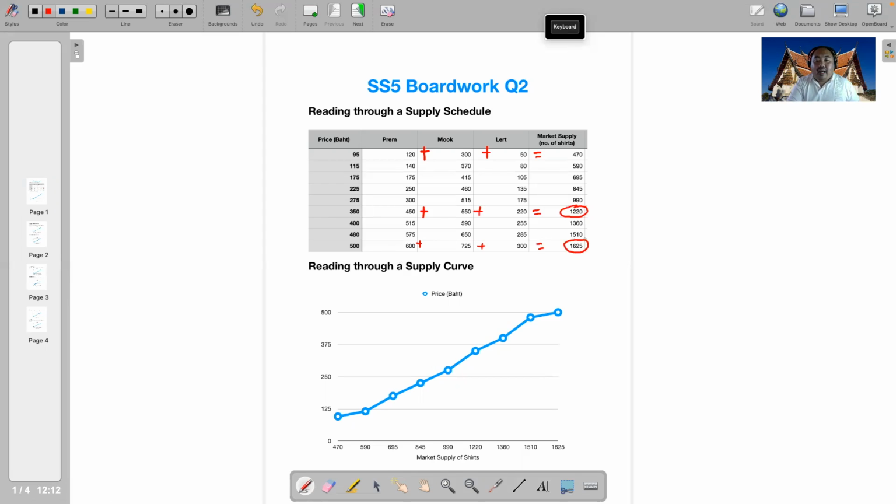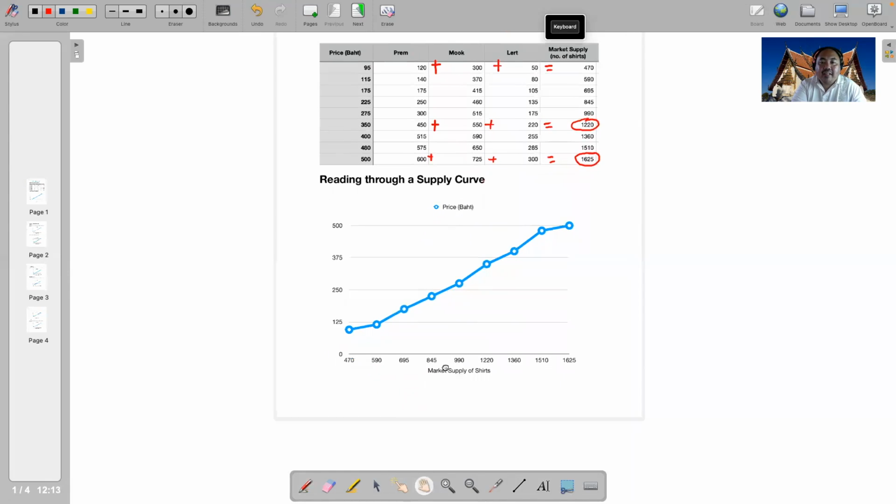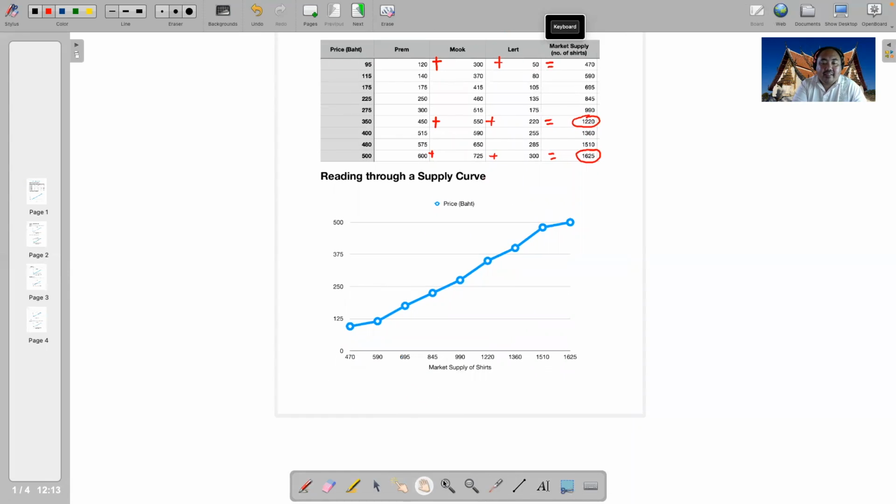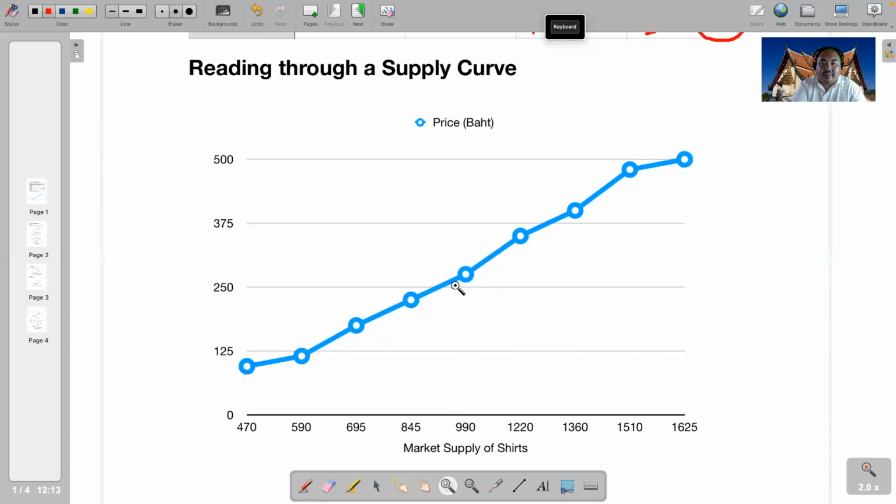Now, how do we read through a supply curve? Well, this is the supply curve that is derived from our supply schedule. So on your x-axis is the quantity supplied, and on your y-axis is the price level. You will see here that, for example, at the price level of near 125, there will be 590 shirts supplied in the market.